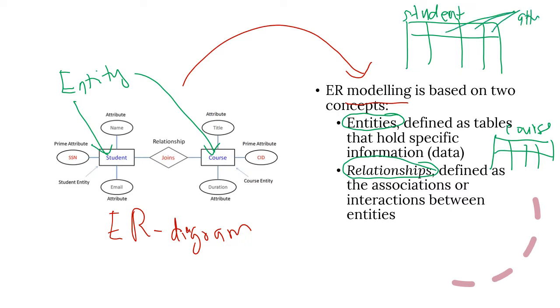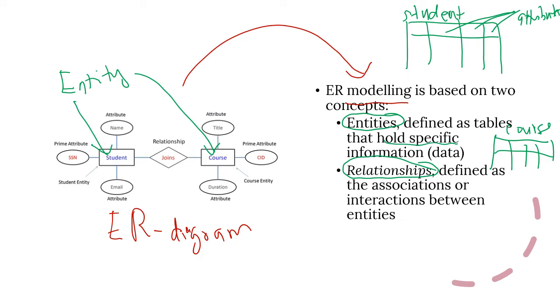From the example, the attributes are like SSN, the number, the name, the email, and so on, if any. Again, entities are defined as tables that hold specific information. The next part, which connects two entities, is named a relationship. A relationship is an association or interaction between entities.